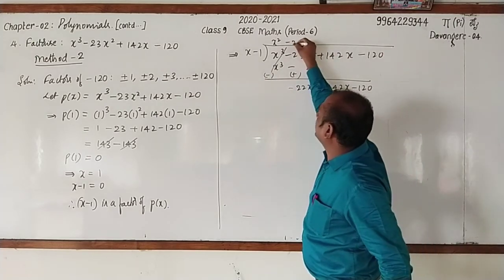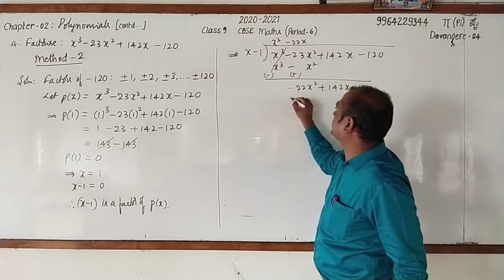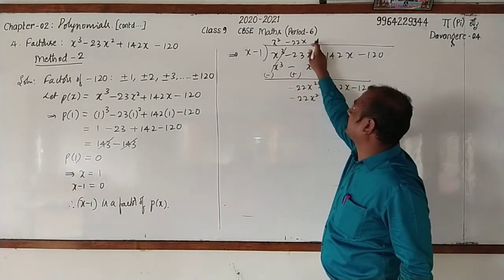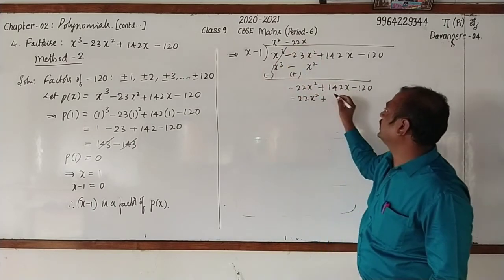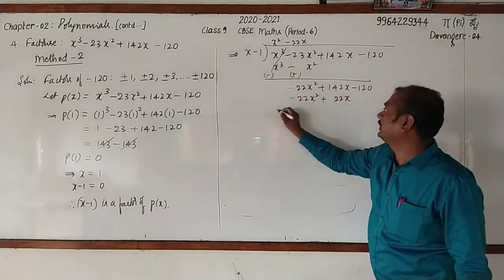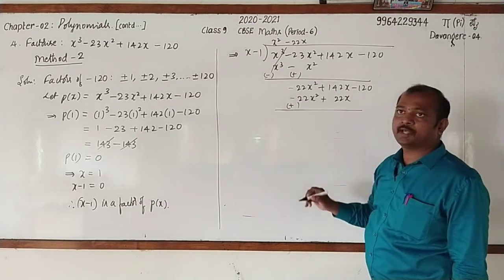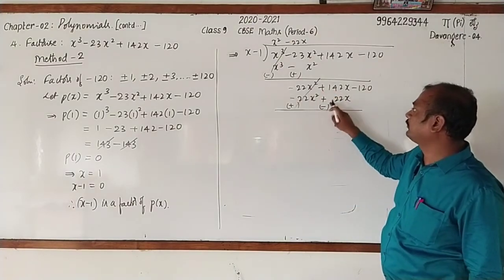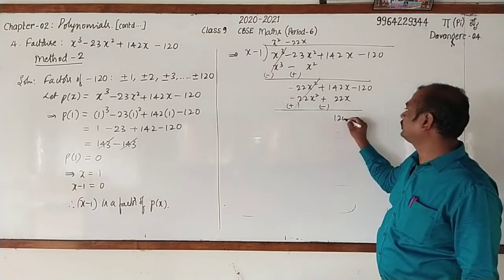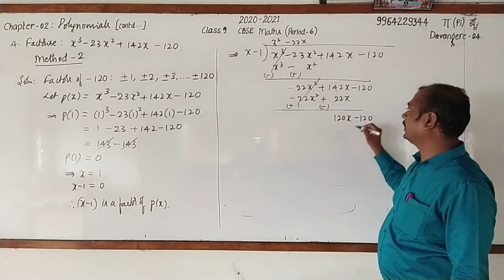It is minus 22x. Minus 22x into x, minus 22x square. Minus into minus plus, 22 ones are 22, 22x. Again change the sign, plus, and this is minus. First term gets cancelled. 142 minus 22, 120x minus 120.